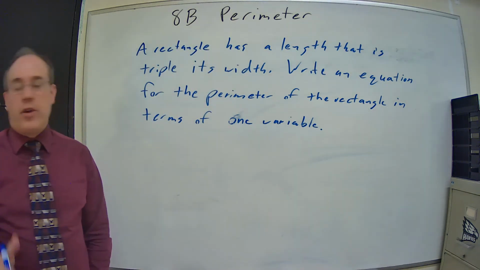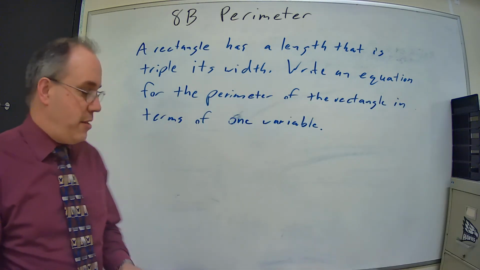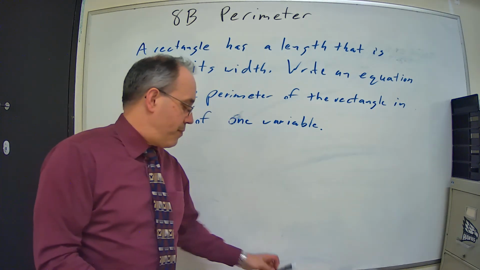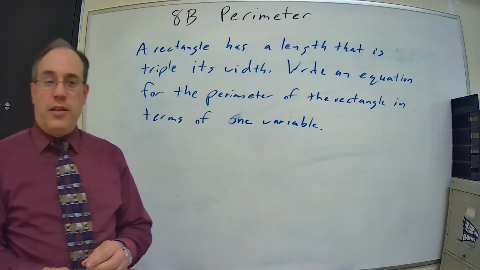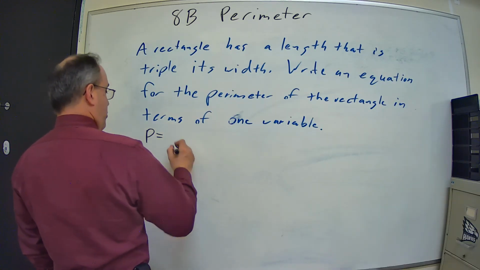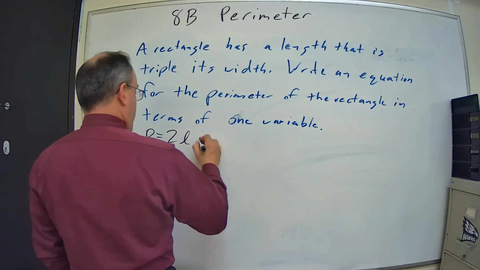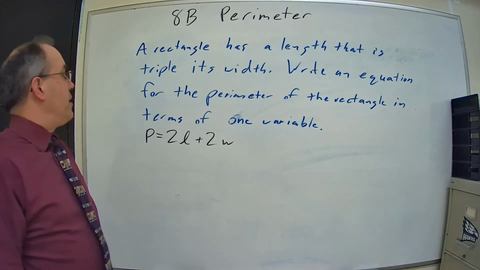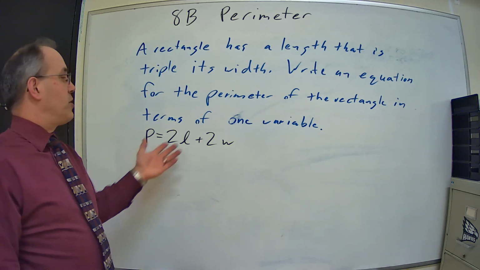Now remember, a variable is just a letter that represents it. So I want to write an equation for the perimeter. Now remember that the perimeter of a rectangle is equal to 2 times the length plus 2 times the width. Now we want to do this in terms of one variable.